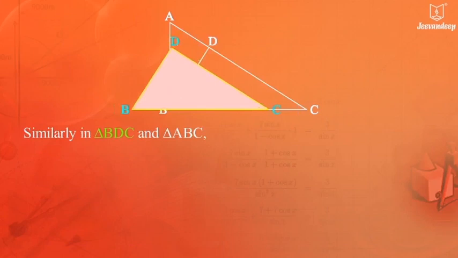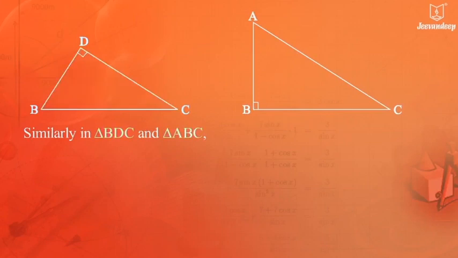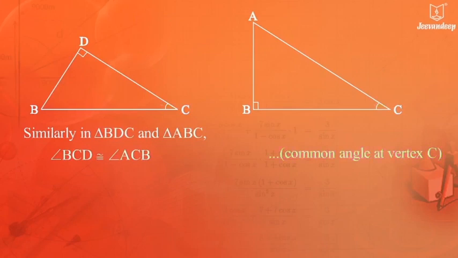Similarly, in triangle BDC and triangle ABC, angle BCD is congruent to angle ACB, common angle at vertex C. Angle BDC is congruent to angle ABC. Both are right angles.